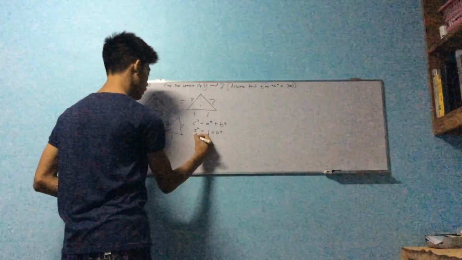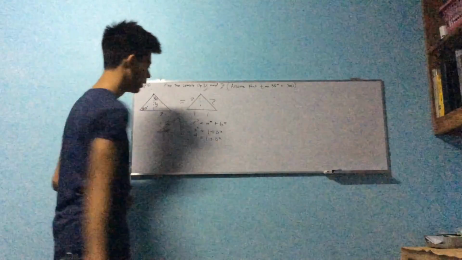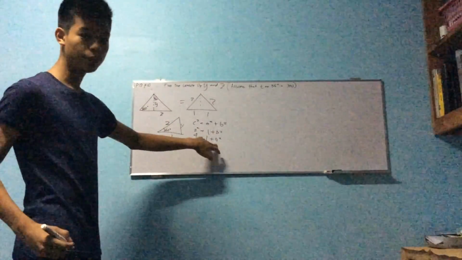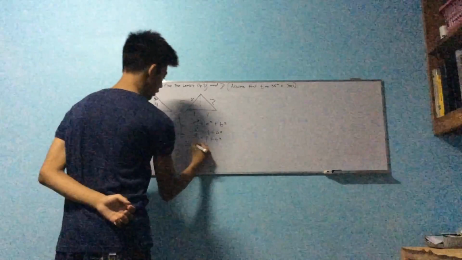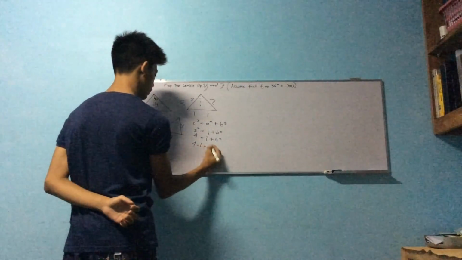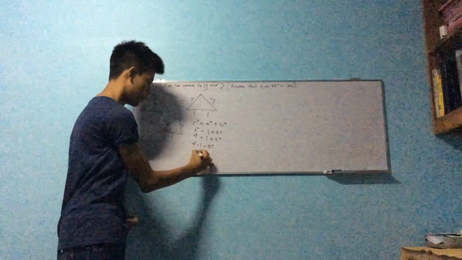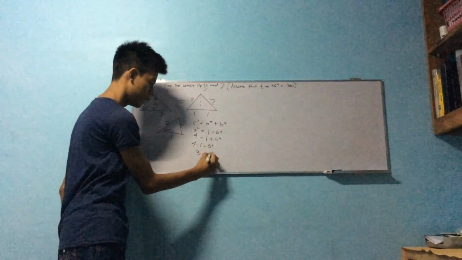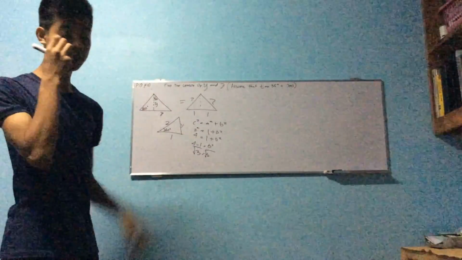So we will have 4 is equal to 1 plus b squared. Since we can't combine the two, we will have to transpose 1. So 4 minus 1 is equal to b squared. 4 minus 1 is 3. B is the square root of 3. Since 3 doesn't have a square root, that's our answer.